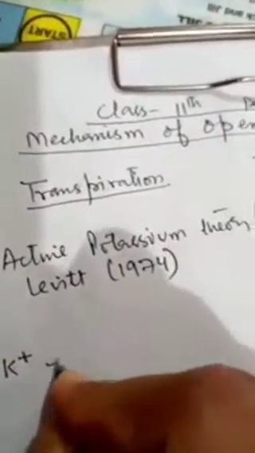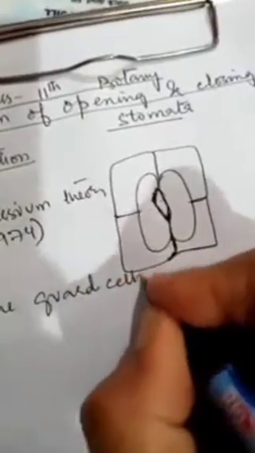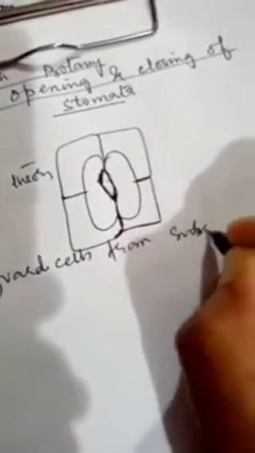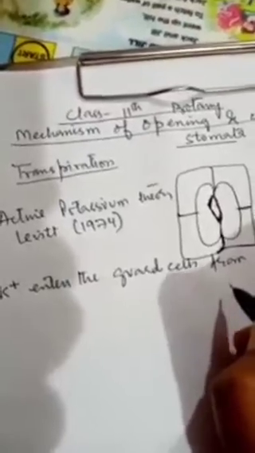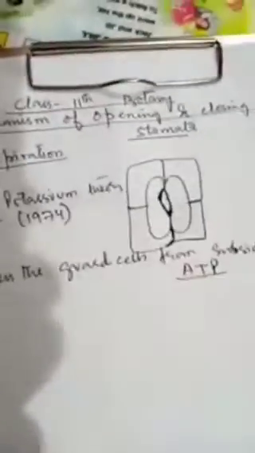Now, what are the key points of this theory? When the stomata open, potassium ions enter the guard cells from the subsidiary cells, and by this the stomata open. Key point one: potassium ions enter the guard cells from subsidiary cells and the stomata open. For this there is active movement, so energy is required, that is, ATP is required.